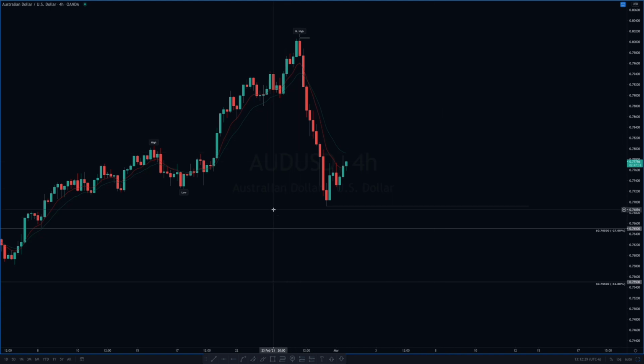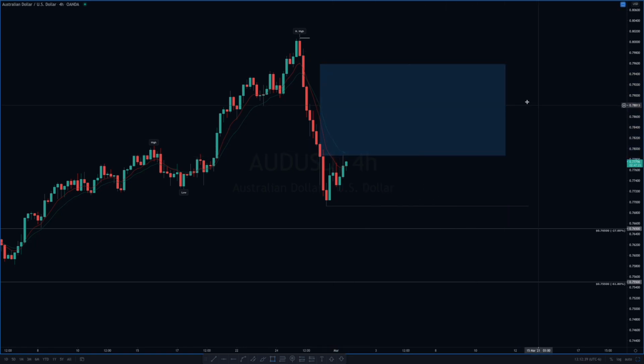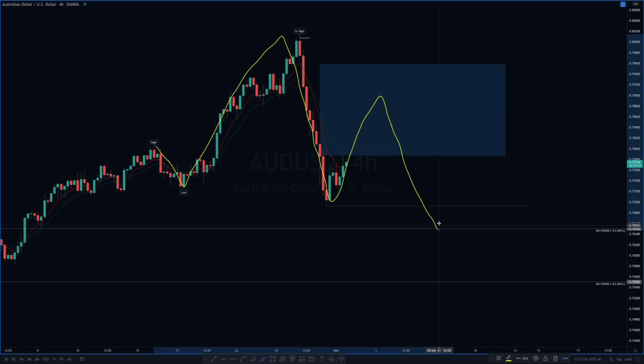However, we do have to wait for our daily candle to close before we can look at opportunities to go short, because this whole region right here can be a short selling area, as price can just continue the pattern formation. That pattern formation would obviously be from this high to this low, just like this, and we would have an interesting and nice pattern formation that would end up reaching that 76.5.